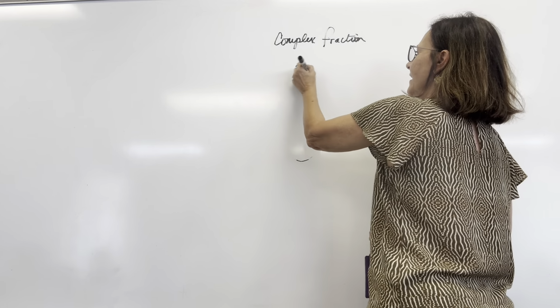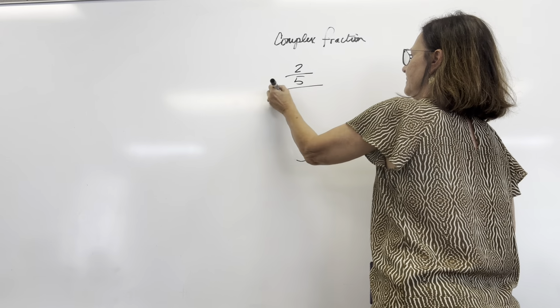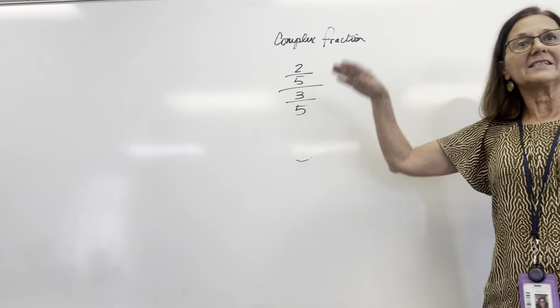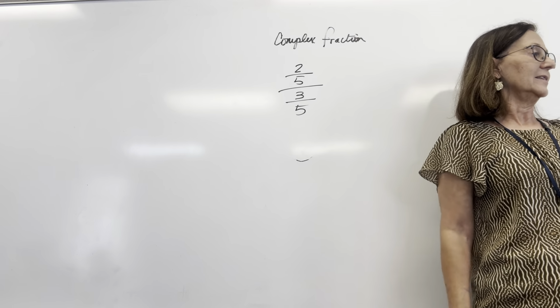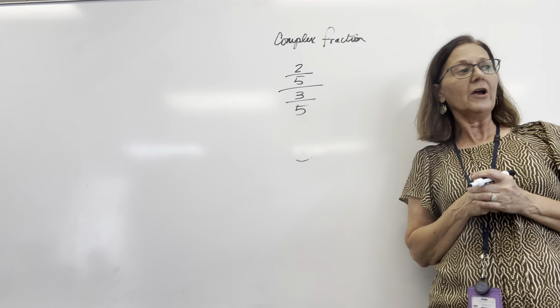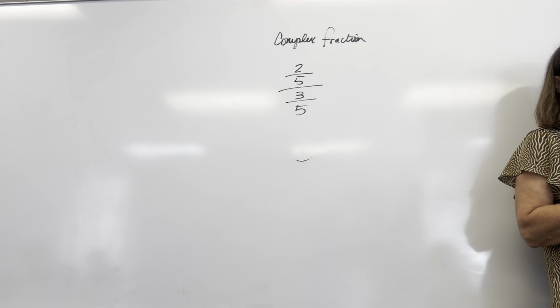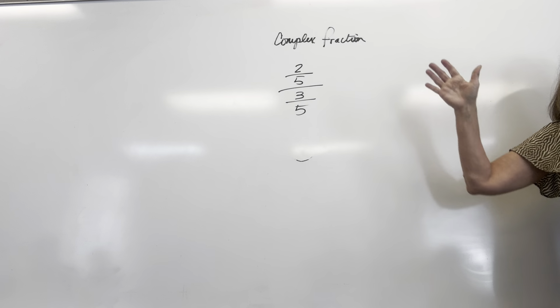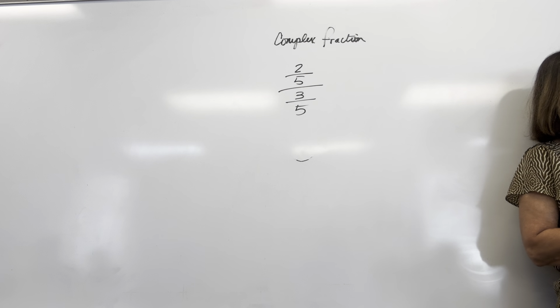It's something like this. It's a fraction over a fraction. That is what makes it complex. But we are going to have variables. All right, but I want to begin with how do we solve these?